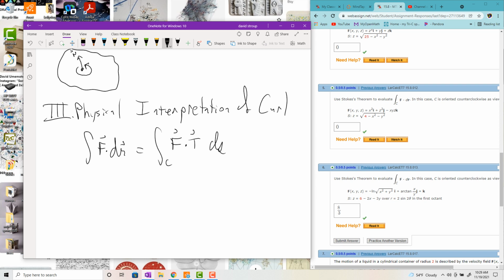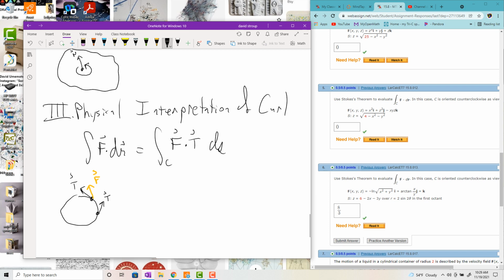And you could think of this, if C is a closed curve like this, as the alignment between the tangent vector and whatever the force field vector is. So it's a tangent, and you can imagine if that force field was always going in the same direction as the tangent, you're going to get a resulting circulation around this curve.